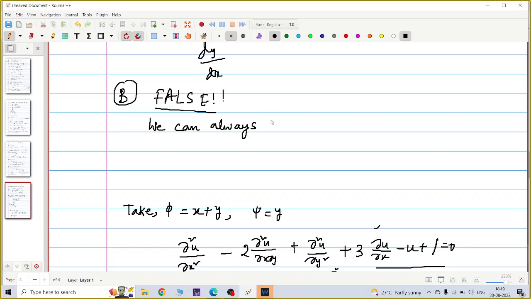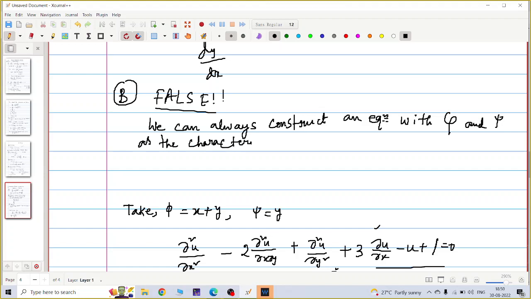So the reason is that we can always construct an equation with this phi and psi as the characteristic, by giving an infinite number of distinct lower order terms.